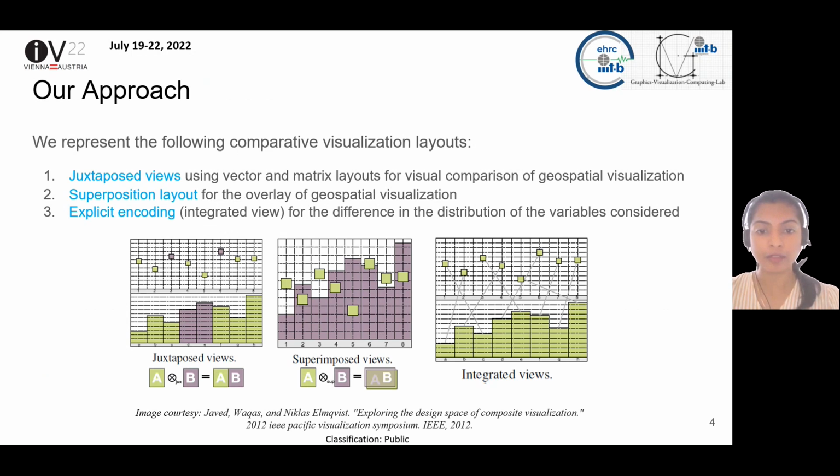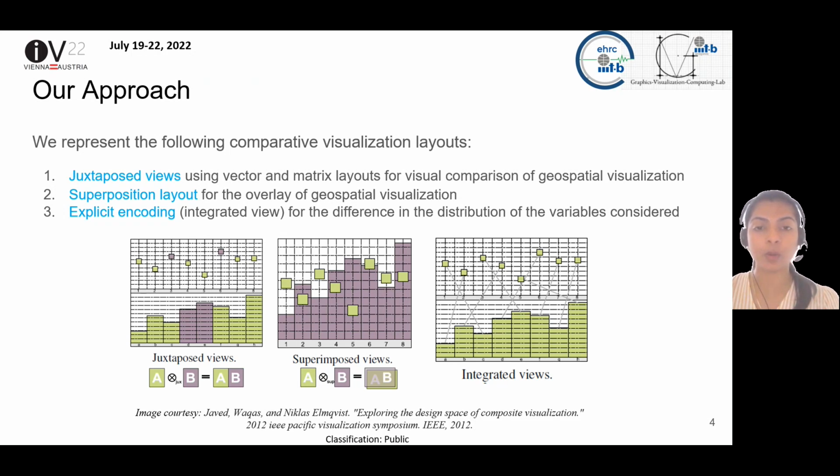To resolve this gap, we explore the use of composite visualization views which include juxtaposition and superimposition as design patterns for multivariate visualization of population data on maps. In the proposed work, the following comparative levers are used. A, juxtaposed views using vector and matrix layouts for visual comparison of geospatial visualization.